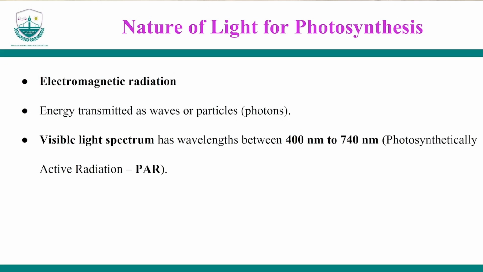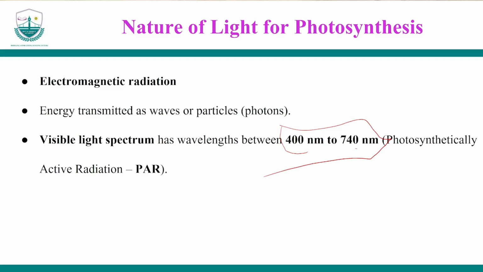So what we are saying is that the visible spectrum, which has wavelength between 400 nanometers to 740 nanometers, are the ones that have photosynthetic ability.